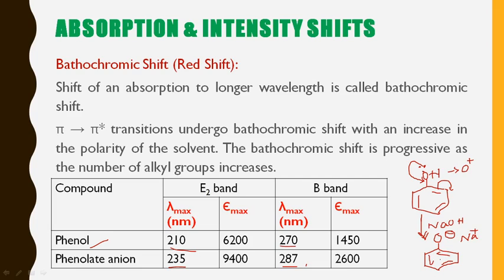For the case of the phenoxide ion, here also there is availability of electrons. If the electrons are involved in resonance, there is also a possibility of formation of resonance forms, but here, due to the donation of electrons, you will have this type of phenomenon.